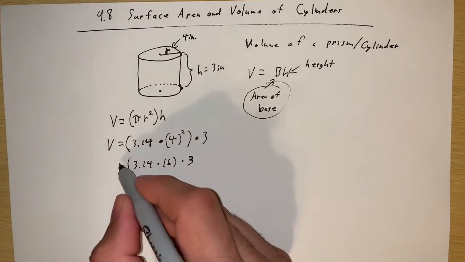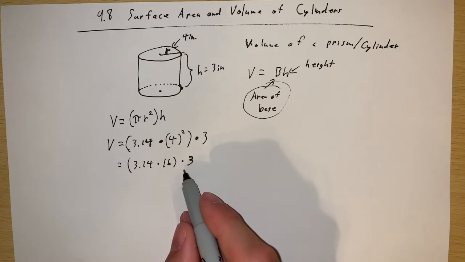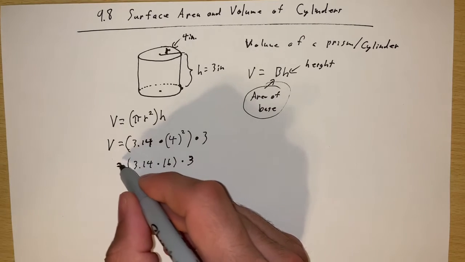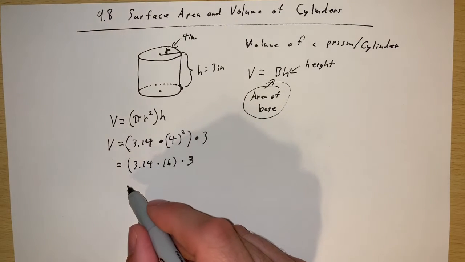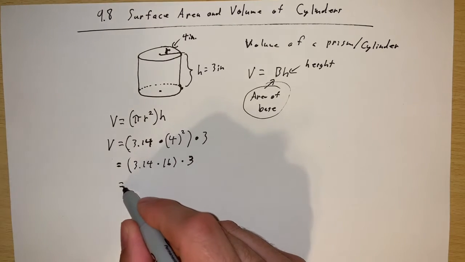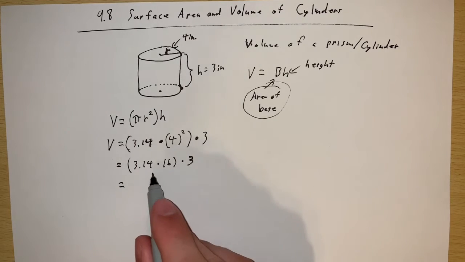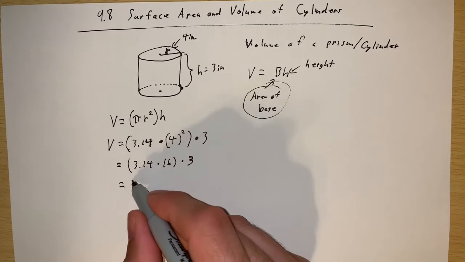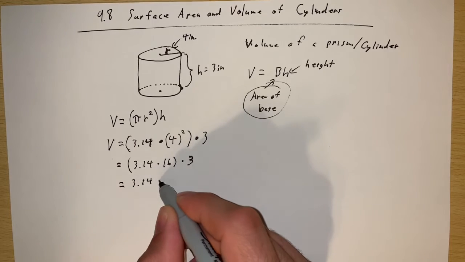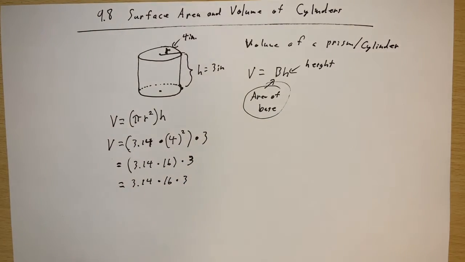Now, if you remember the associative property, you do not have to group these this way. Multiplication is just 3.14 times 16 times 3. It's just a multiplication right across, so I don't need those parentheses.